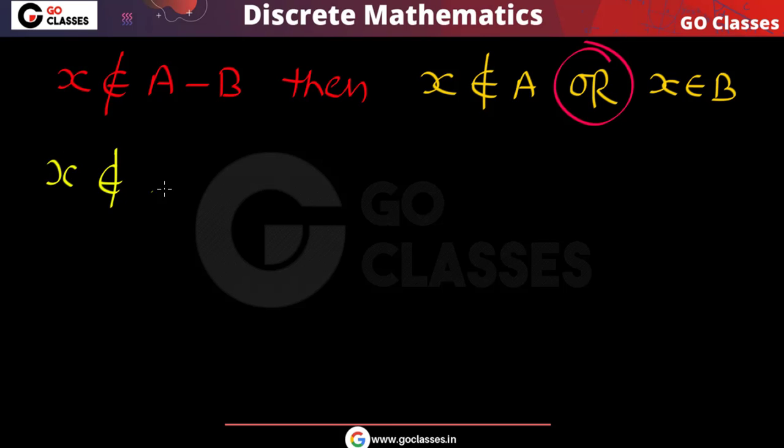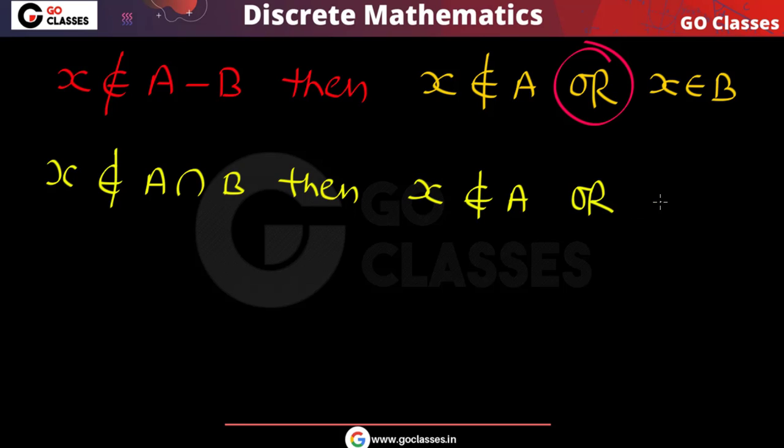Similarly, if I want to say that x does not belong to A intersection B, then it means that either x does not belong to A or x does not belong to B. Because if x is not common in A, B, it means that either x is not in A or x is not in B, or both. This "or" is inclusive or. By default, "or" means inclusive or.